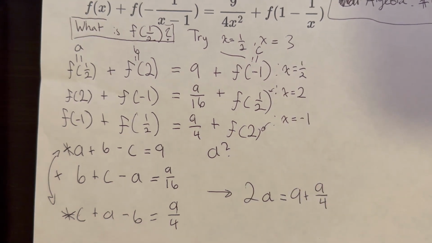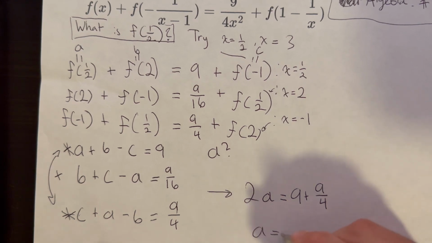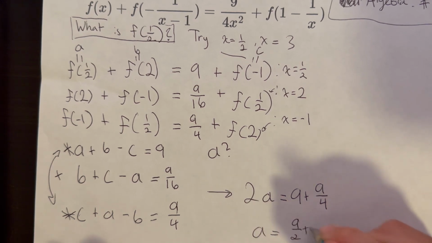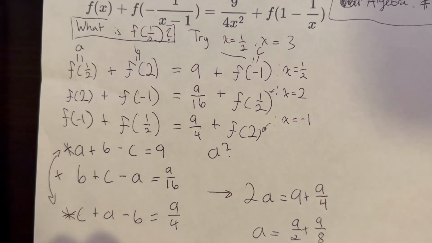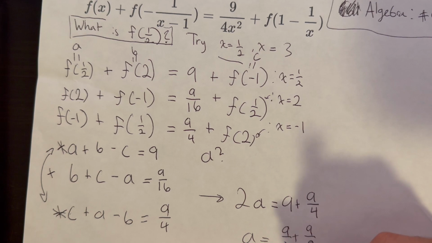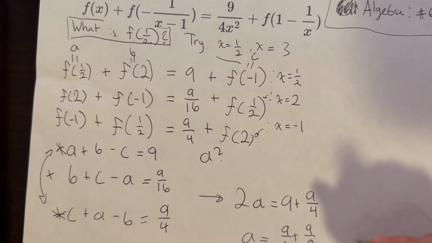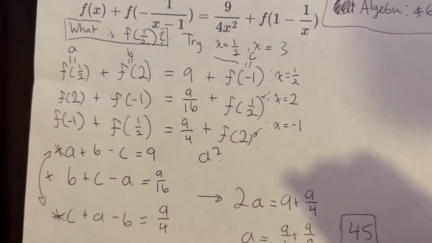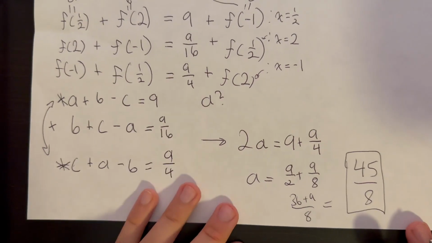And from that point, it's pretty straightforward. We just get A equals 9 over 2 plus 9 over 8. And if we calculate that out, this is 36 plus 9 over 8 equals 45 over 8. So that's the value of f of 1/2.